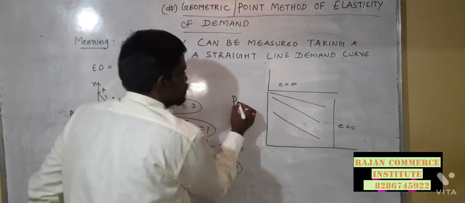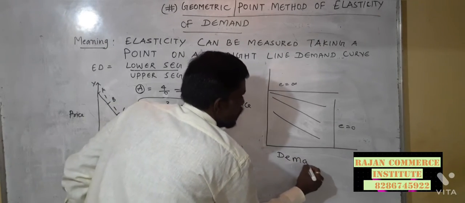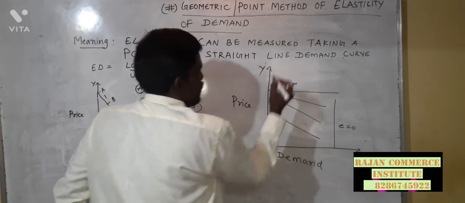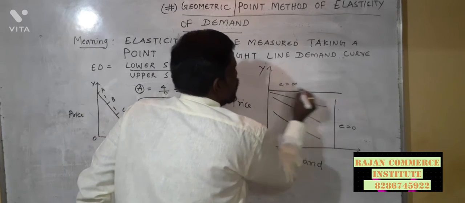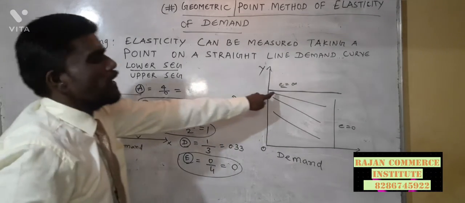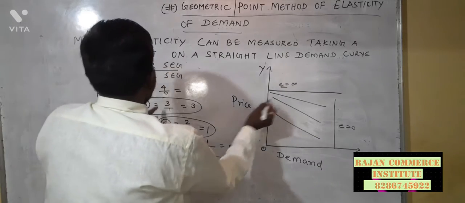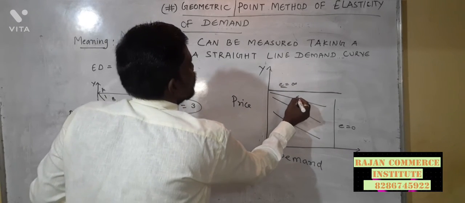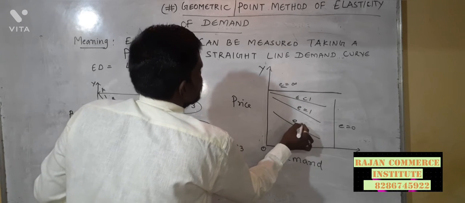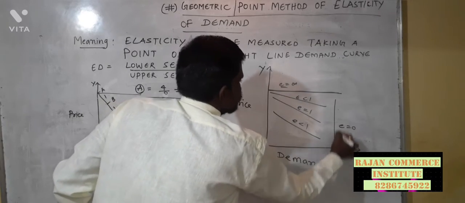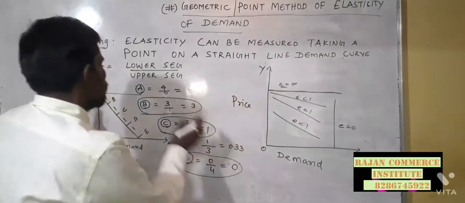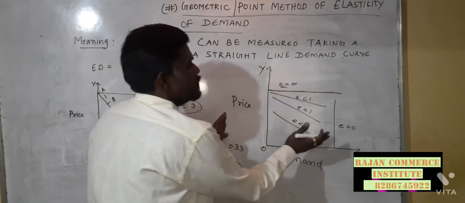This is the price on the y-axis, and this is the quantity demanded on the x-axis. Here ED is infinity, and this is point B where ED is greater than 1. Here ED is equal to 1, here ED is less than 1, and here ED is equal to 0. So to sum up, I have this graph; you can see this graph also.